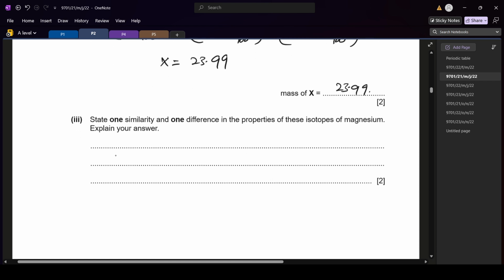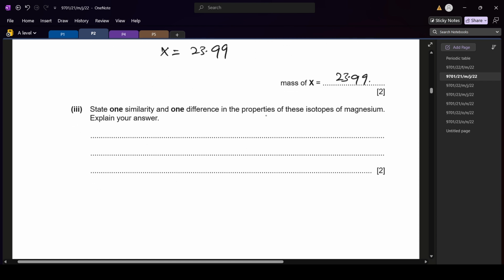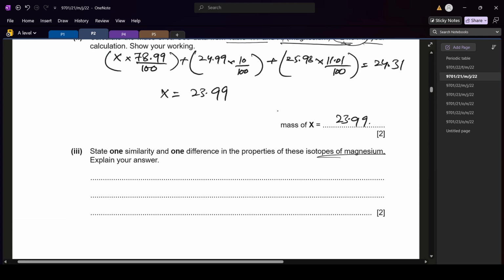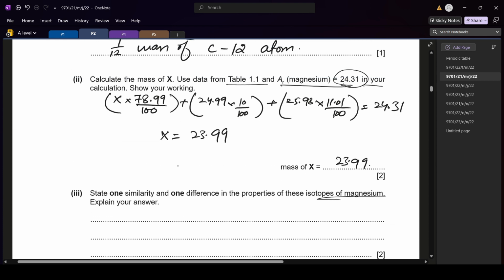23.99. List one similarity and one difference in the properties of these isotopes of magnesium. So what are the similarities and differences?